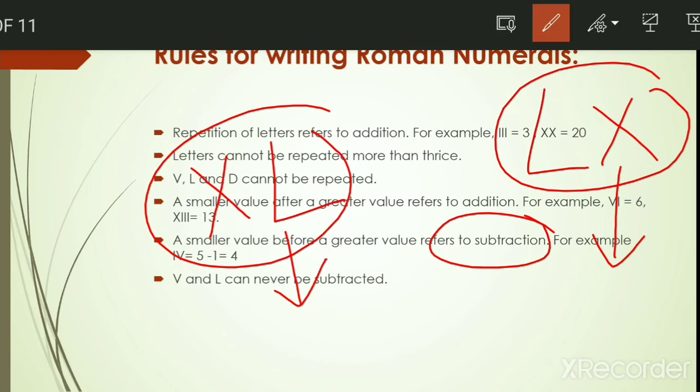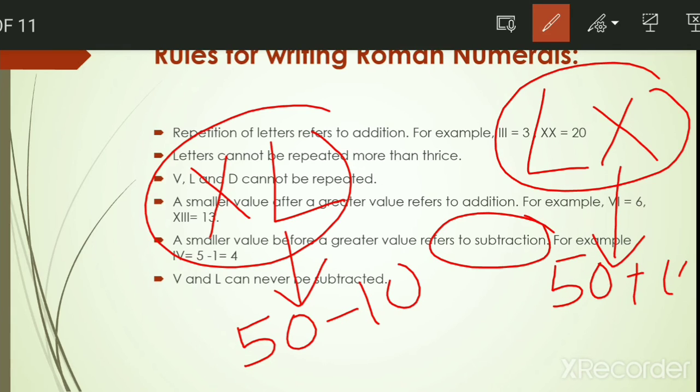So what does this mean? It means 50 minus 10, and this means 50 plus 10. So this is equal to 40 and this is equal to 60. So it is very important to note how the value changes on placing the smaller value after or before the greater number.